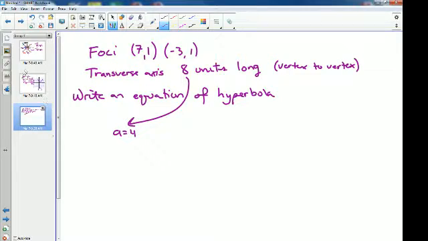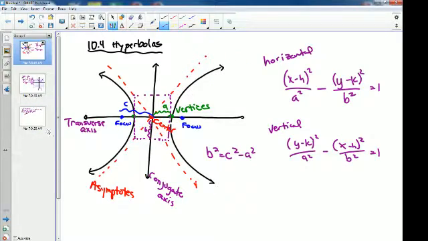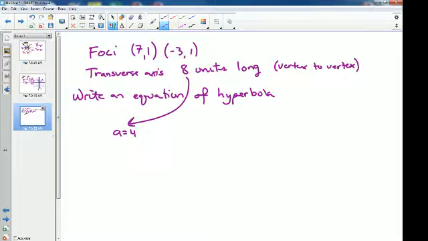And then, using our information from the focus, we can find the center and the value of C, right? So C is half of that distance. What's the distance between the foci? It's 10 units. So C is 5.